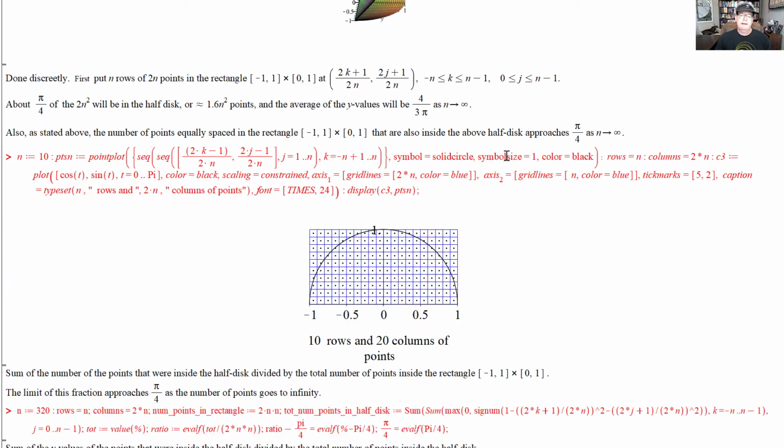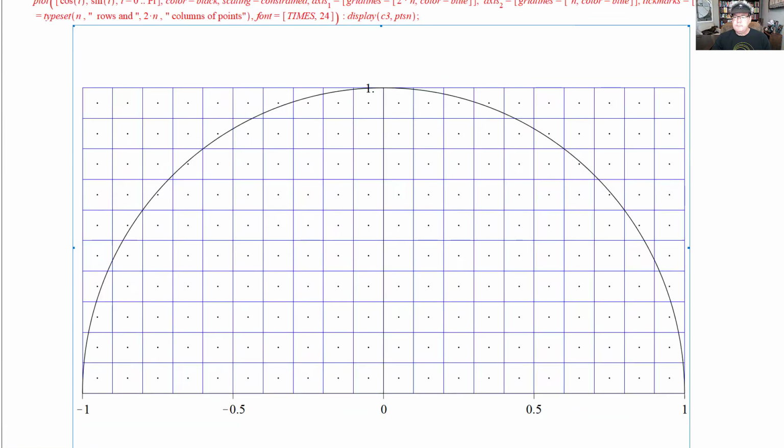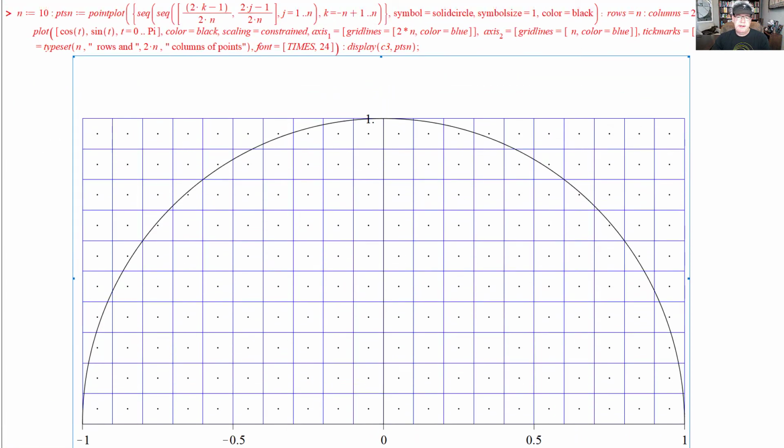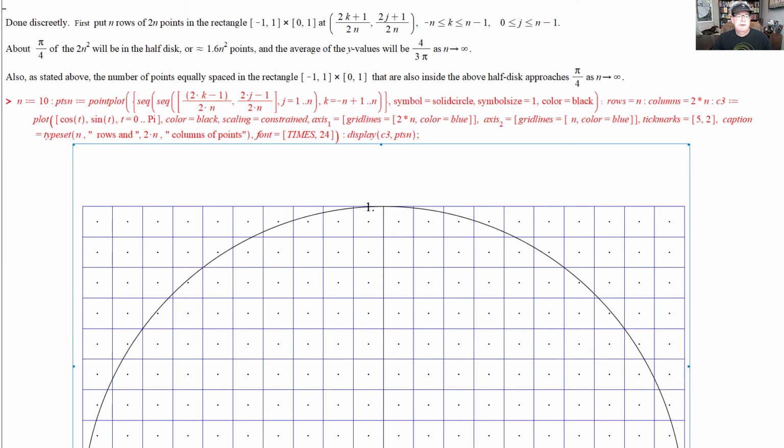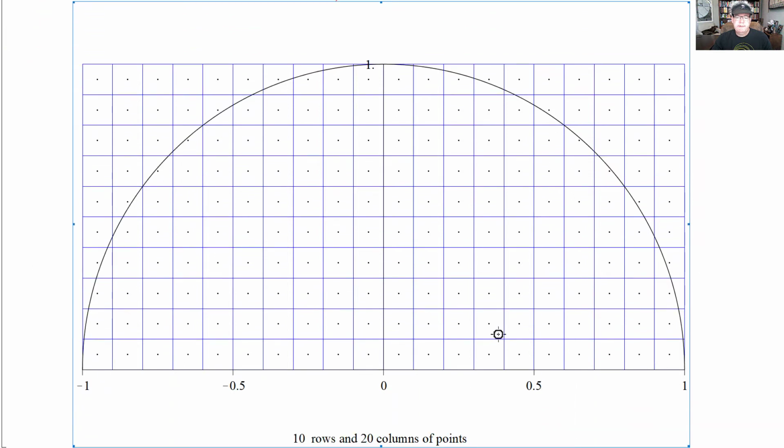I want to find points equally spaced on the inside of the circle. So here it is with 200 points. I've got 10 rows and 20 columns, I should say, of points. Find the midpoint, and some of them are inside the circle and some of them are not.